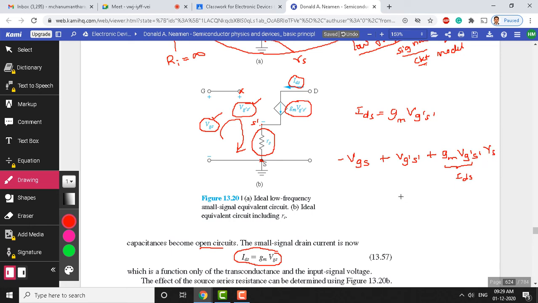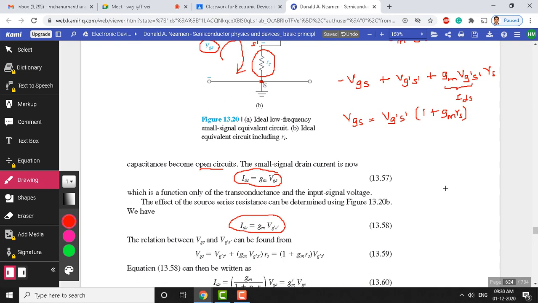Okay, now we can simplify this. You can transfer VGS to the other side. VGS is equal to, I can take out V G dash S dash as a common factor. What do you get now? 1 plus GM times RS. Look, this is the equation we get here.